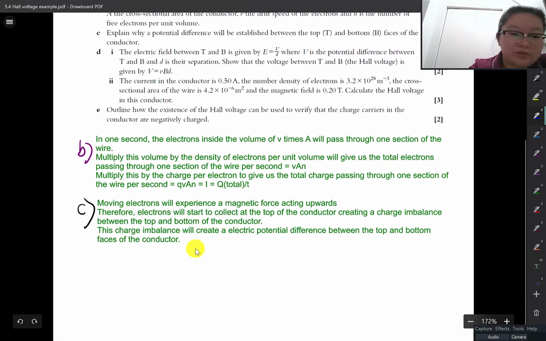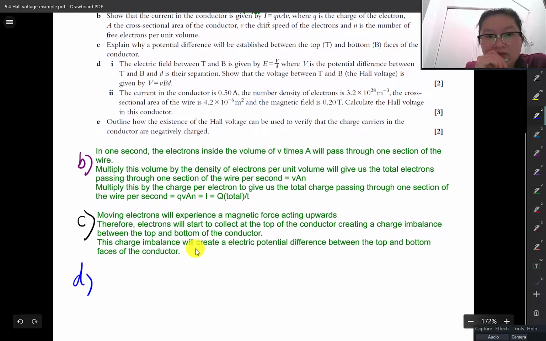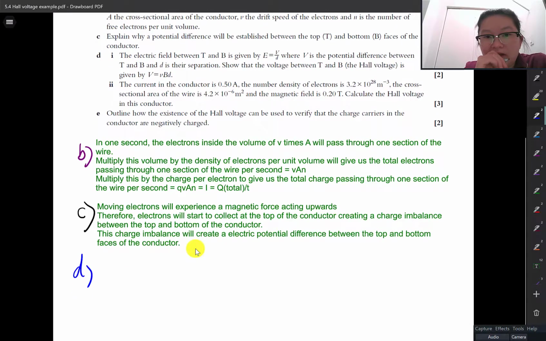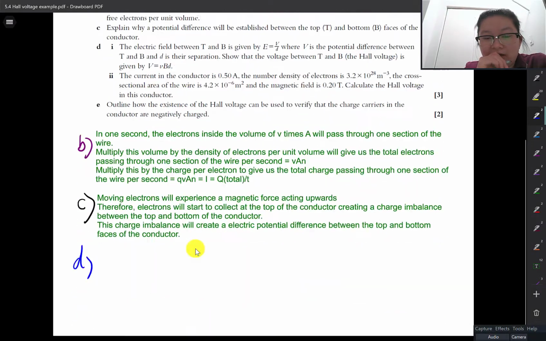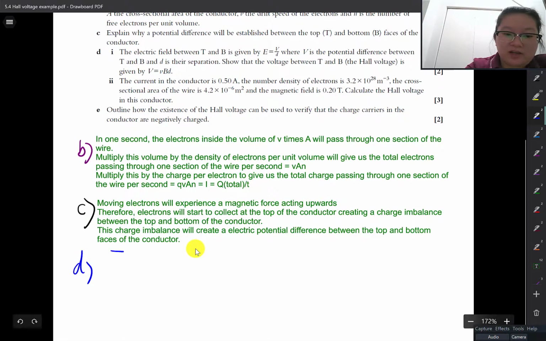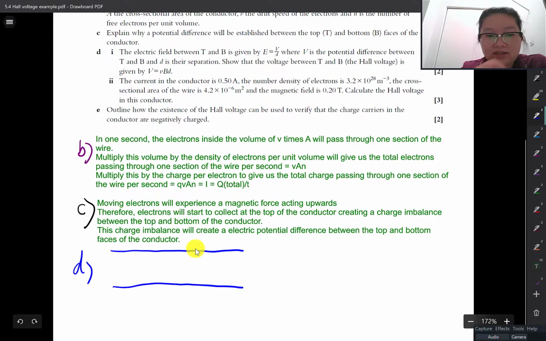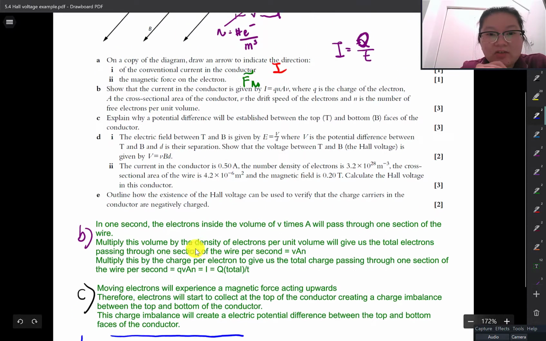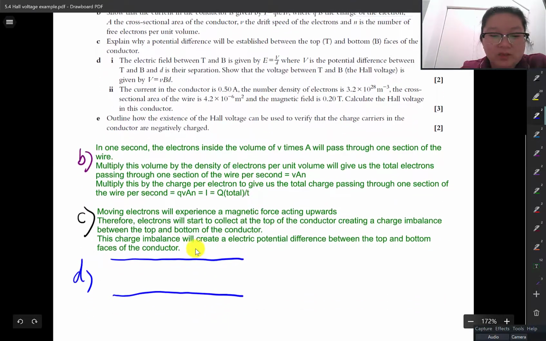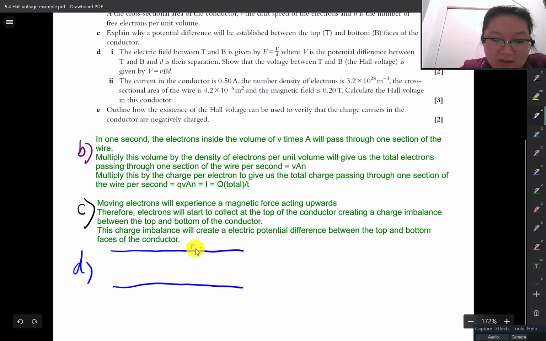So let's do this one here below. I'll use blue. Okay, we need more space. So let's draw. I'm going to use this space because it's getting pretty crowded up there. Let's say this is our conductor, and since the electrons will probably collect at the top, we're going to have an electric field going down this way.